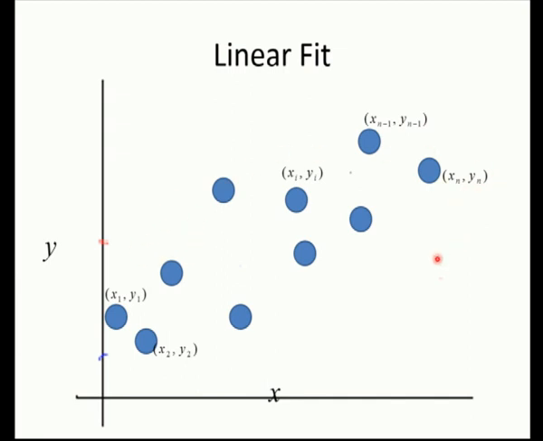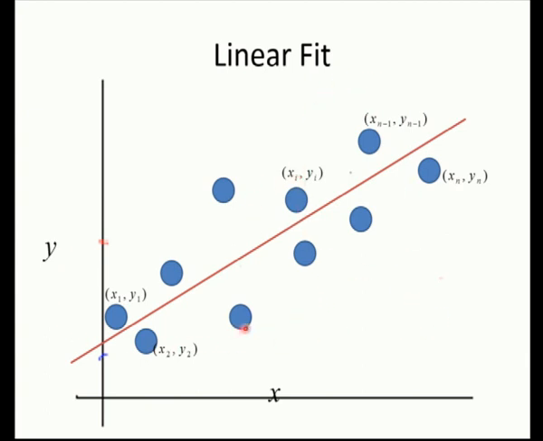You have n points on the xy plane scattered like this. Our main aim is to find a curve. In this first case, we are going to see a straight line. We are going to construct a straight line based on the given data, which will represent the set of data.